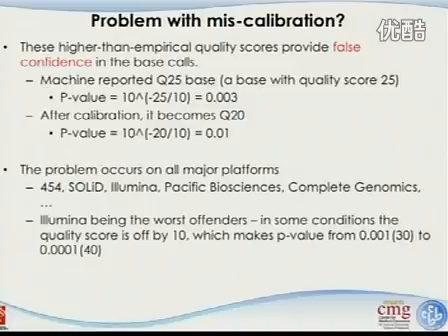If you do the calculation, that's pretty good. But after recalibration, it becomes Q20, and that means that the p-value is 0.01. Okay, not as good. So we know that for some of the dinucleotides in some other platforms, it's miscalibrated by 7 as a unit, and this is even more dramatic than this. So this is using 5 miscalibration as an example here. So these are the things that really need to be considered.